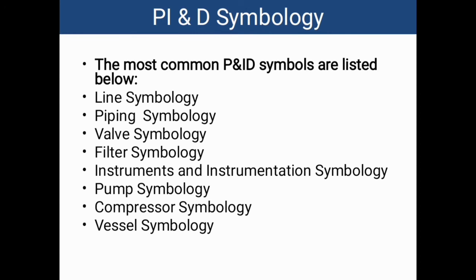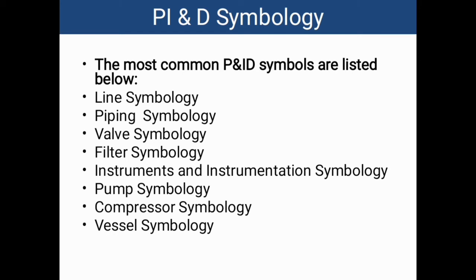Then P&ID symbology. It is a graphical representation. When you say P&ID, that is a graphical representation of the process flow. Everything will be mentioned as a symbol. This includes line symbology and piping symbology. What is the line? It's the connected line, double pipeline, traced line, electrical traced, steam traced, or jacketed or insulated, like that.